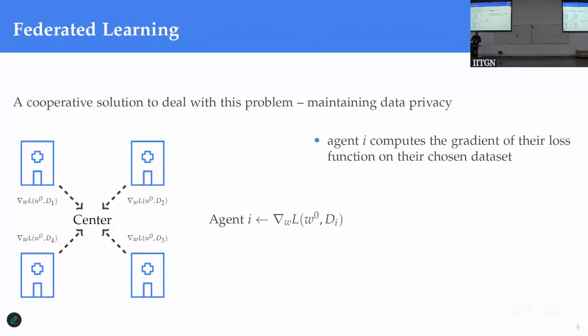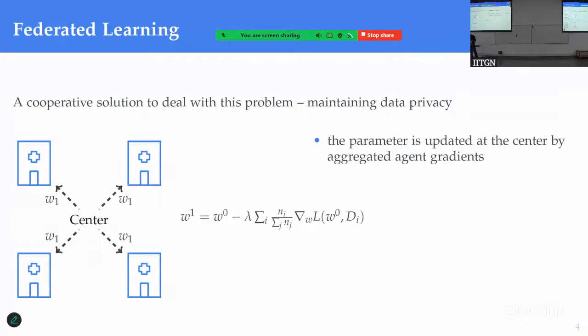That's not allowed in federated learning because of data privacy. You can only send back some learned information, for instance the gradient in this case. The center then calculates a weighted average, weighted in proportion to how much data they have. Then the center updates.